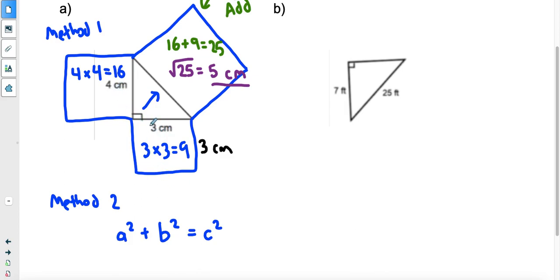A and B are my other two sides of the triangle. So here, we can say A is 3 centimeters and B is 4 centimeters.